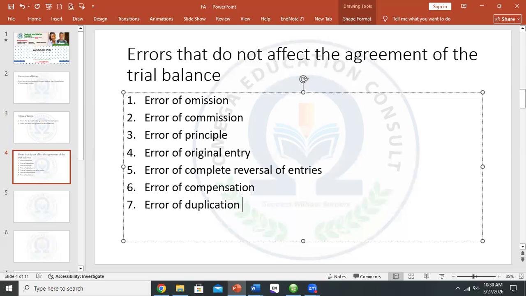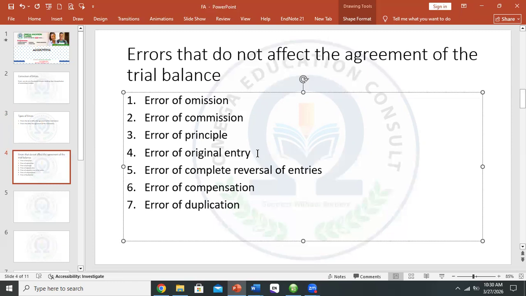So these are the 7 errors. When they occur, the trial balance will still balance or agree. Commission, omission, principle, original entry, complete reversal, compensation, duplication.